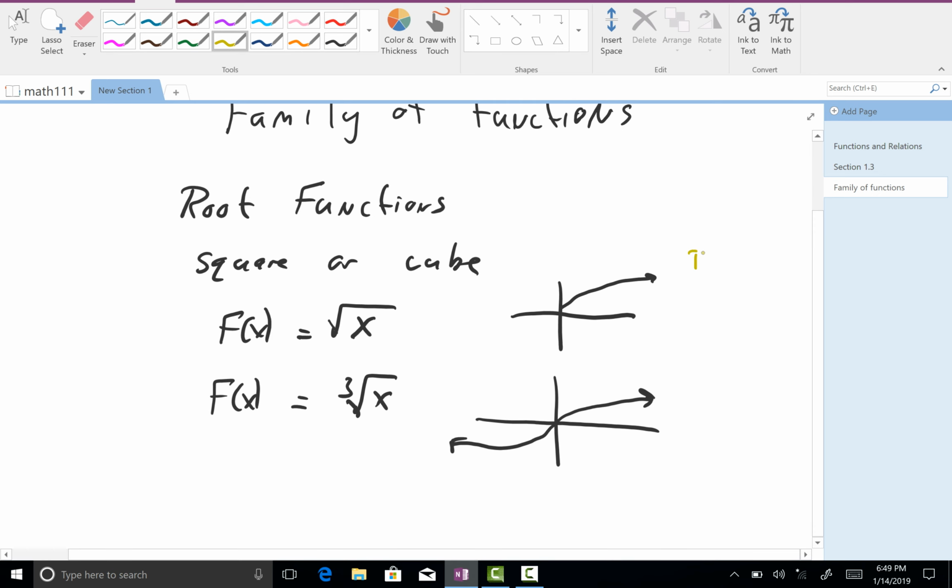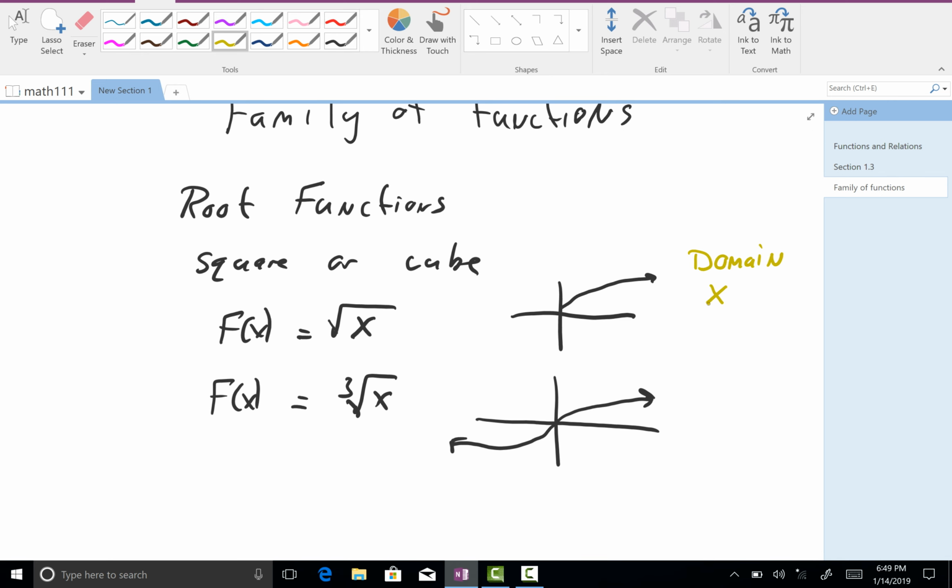So like the domain of this, what would the domain of that one be, the square root? X cannot equal 0. Oh, we can take the square root of 0, okay? What can we take the square root of? So then what does it mean the domain's got to be? There you go. Greater than or equal to 0, okay?